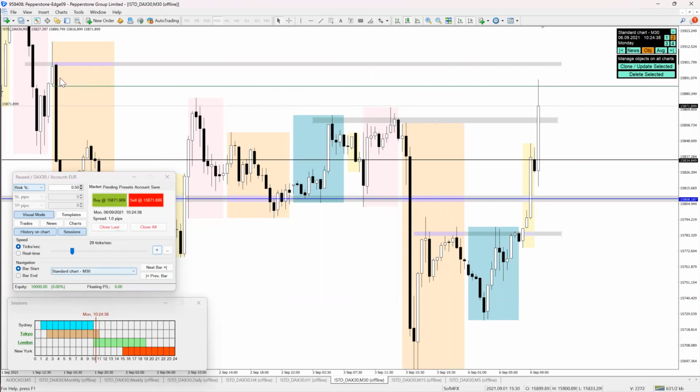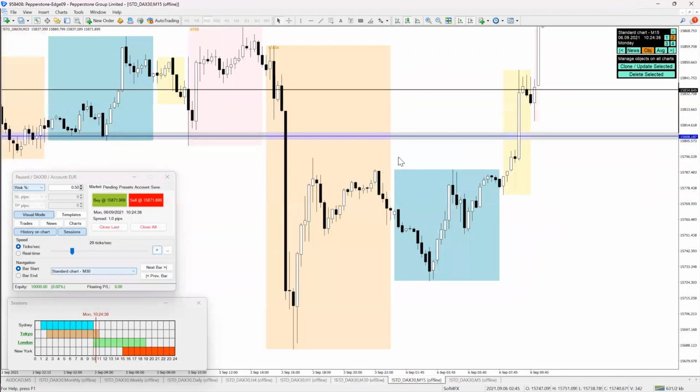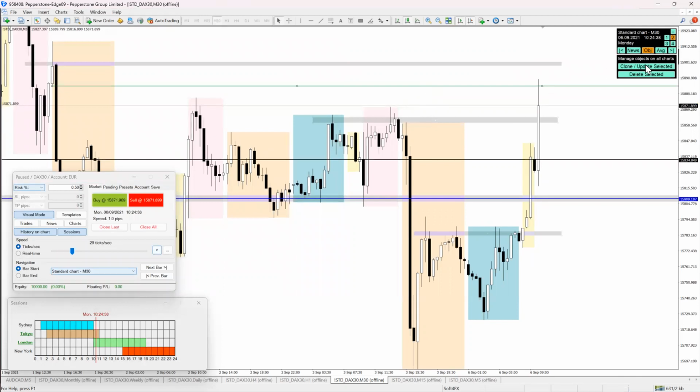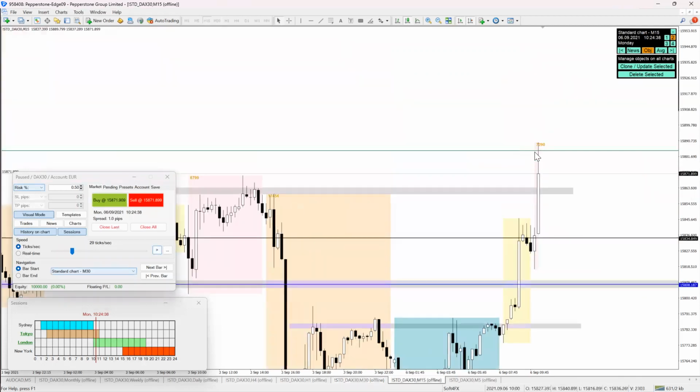There's an imbalance, potential order block as well. So I'll clone that across. This is where we're up to.